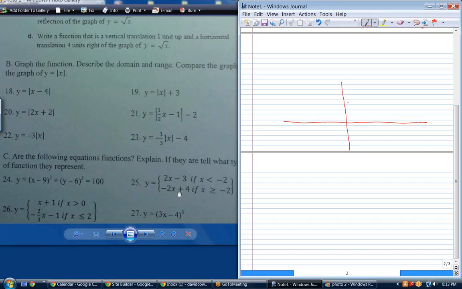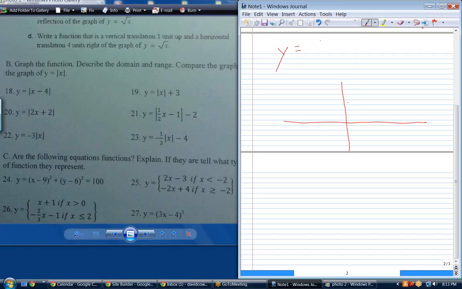I'm going to do it in two parts. What's the first part going to be? What's the first part of this piecewise function, if it is a function?